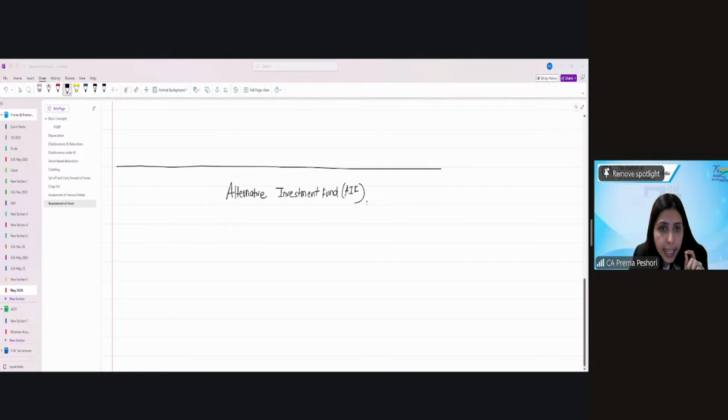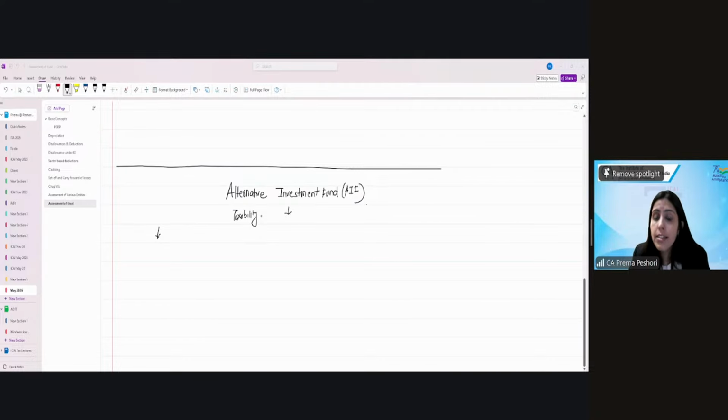Now, the income of the AIF, how the taxability works, let us understand. With respect to the taxability of the AIF, it is not the same as the securitization trust.